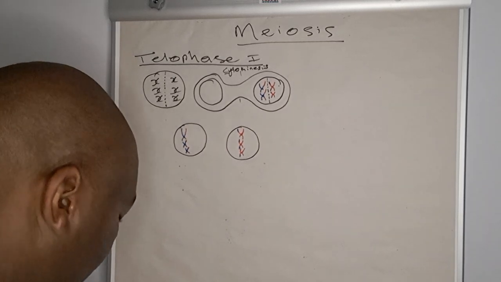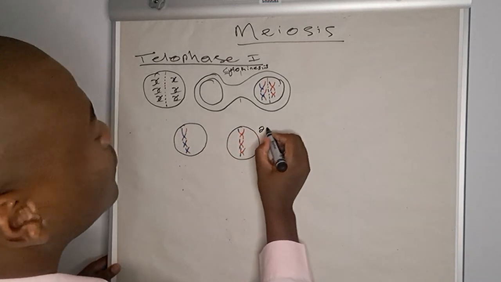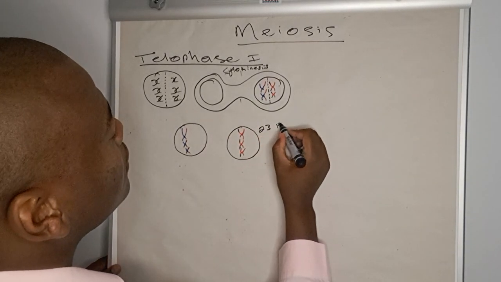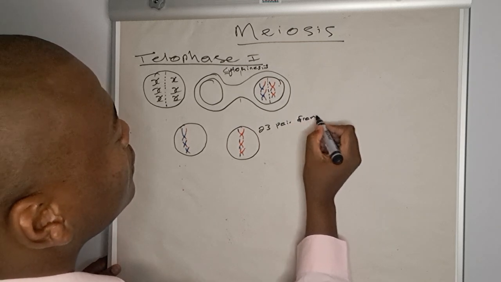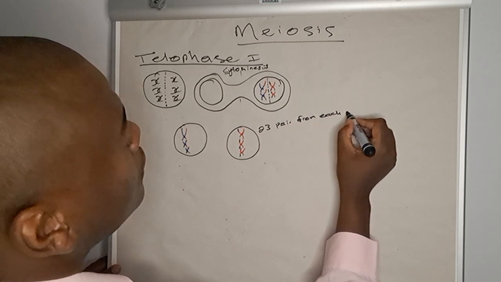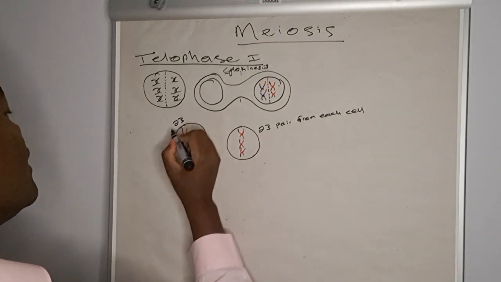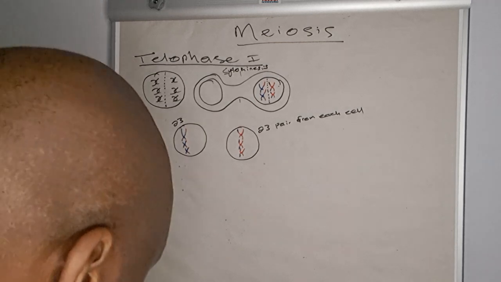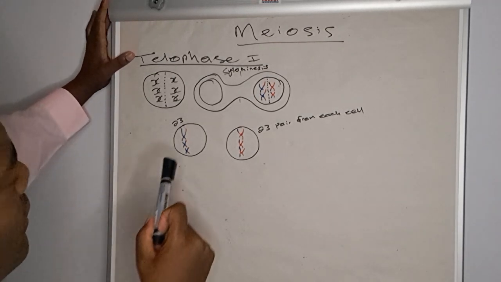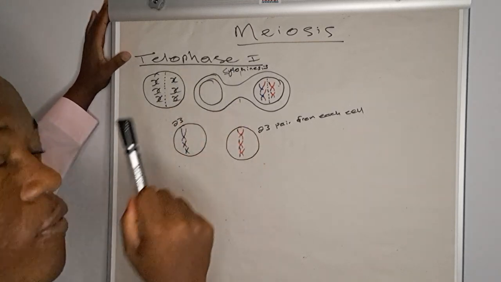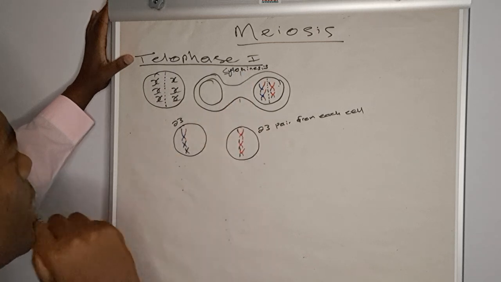And then we know we have 23 from each cell, which is normal. 23 pair from each cell. 23 pair, 23 this side, 23 that side. This is how we end this one now. This is actually the last stage on telophase, on meiosis 1. We end it with telophase 1.